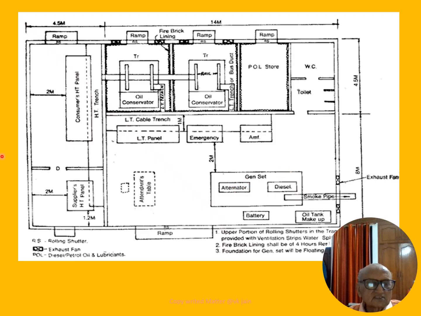In this system, there are several characteristic features. First one is this supplier's ST metering panel, provided in a room which is locked by the supply company for their purpose.